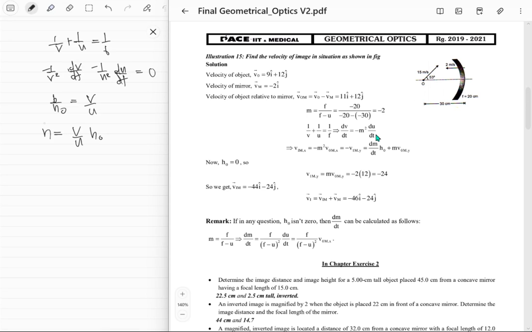And then you just need to take a derivative of this thing, so that you can get dh upon dt and then dh naught upon dt and all that. So dh upon dt is equal to, you can first take the derivative of v upon u. So your magnification is changing, which yes, it can happen.